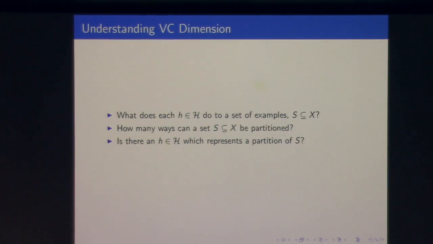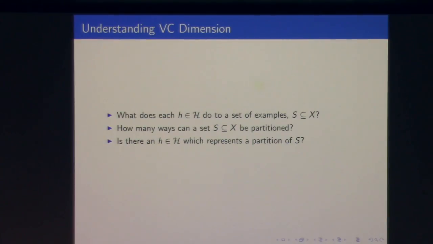So now how do we define this VC dimension? To understand VC dimension, first we need to understand something else. Let's say we have a hypothesis space, this bag over here with lots of hypotheses inside. Now what is the effect of every hypothesis on some data? Every hypothesis, if you give it some data, will partition it into two classes.